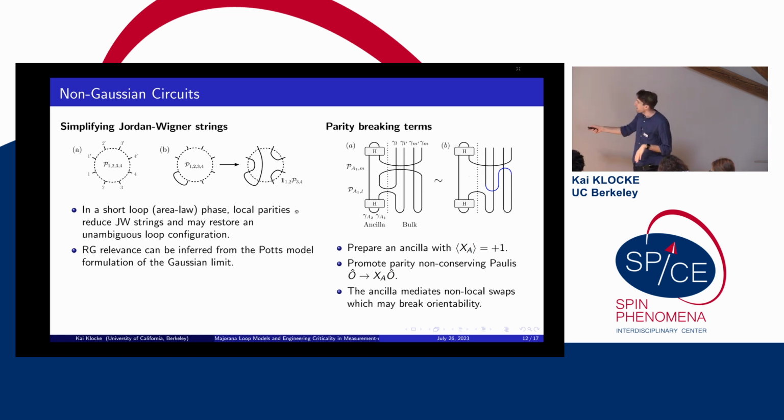For parity breaking, you need to introduce an ancilla to effectively restore this loop picture. But when I introduce this ancilla, the punchline is that the ancilla effectively mediates some non-local swap in the bulk, which can break orientability.